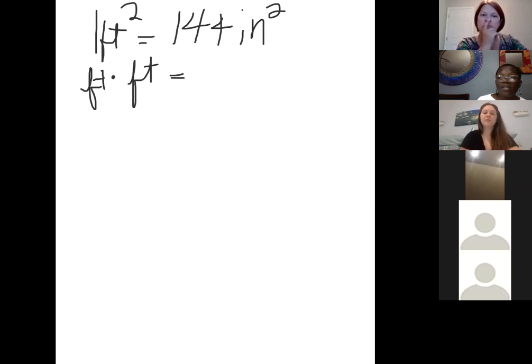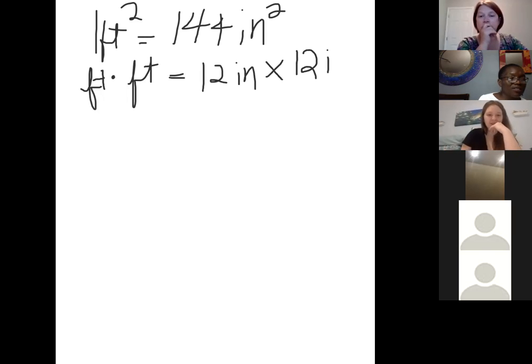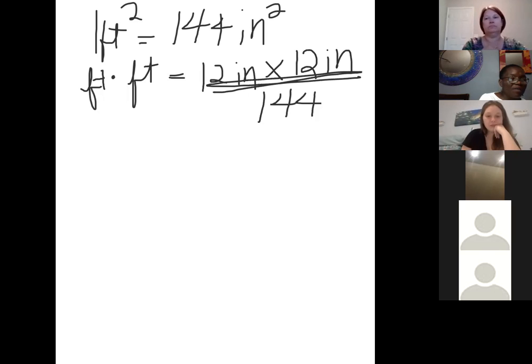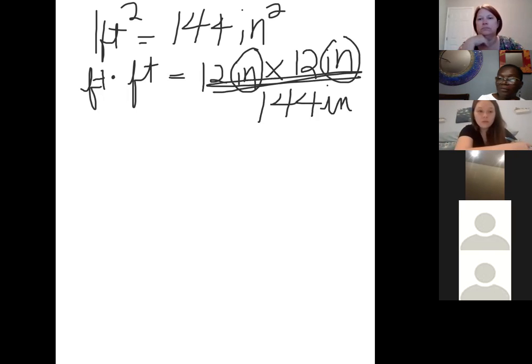Now, each foot is 12 inches. So essentially, you're multiplying 12 inches by 12 inches. And when you multiply these two amounts together, you get 144. And because you're multiplying inch times inch, that gives you inches squared. Does that make sense? All right.